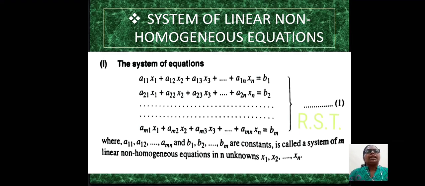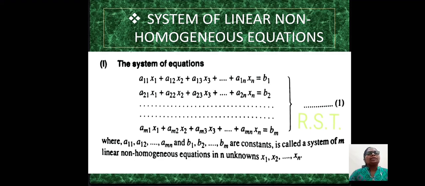Second equation is a21x1 plus a22x2 plus a23x3 plus dash dash dash plus up to a2n xn equal to b2. And the last equation is am1x1 plus am2x2 plus am3x3 plus up to amn xn equal to bm.